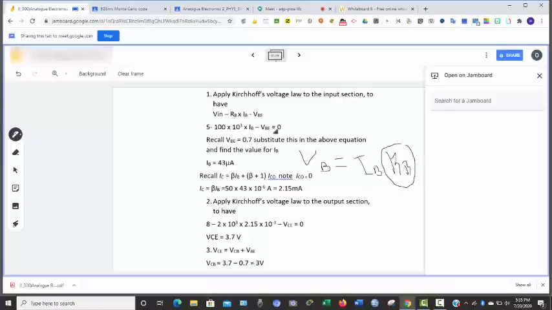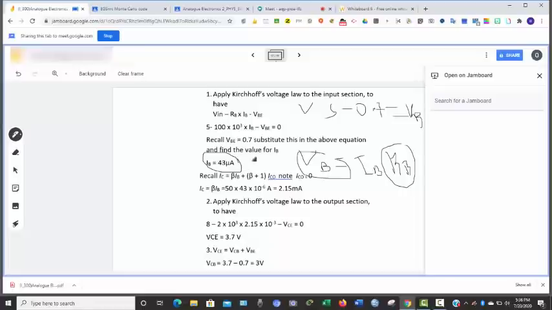In our calculation, what we are doing here is we have been able to get what is VB. Because at this very point, I can say V, that's 5 minus 0.7 will be equal to VB. And with that, I can get what is my IB.